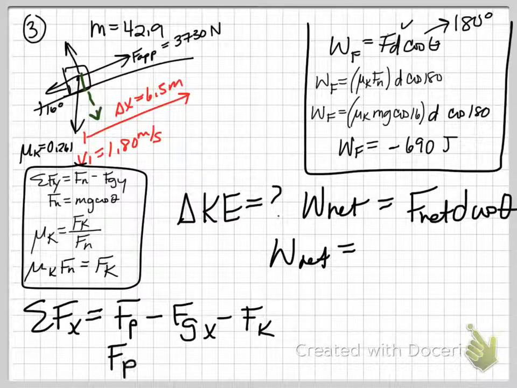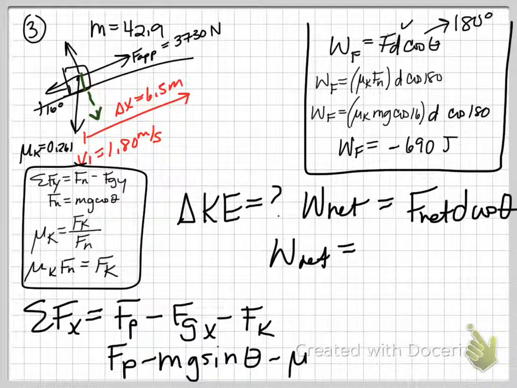So force of the puller minus mg sine theta minus mu k mg cosine theta. So that gives me my expression for net force, and I can take that whole mess, and it is a bit of a mess, I agree.